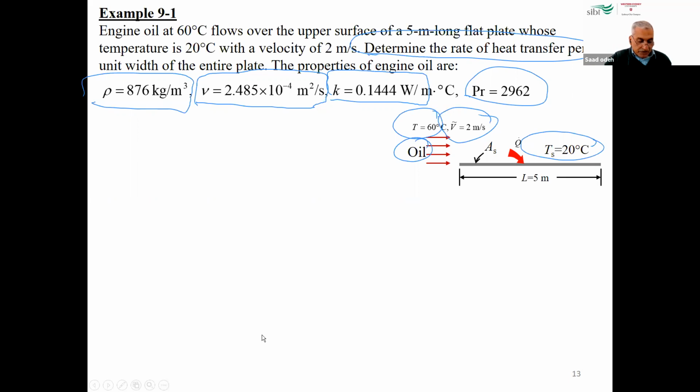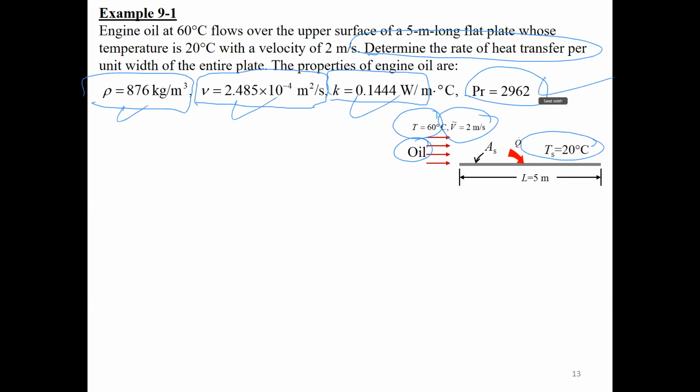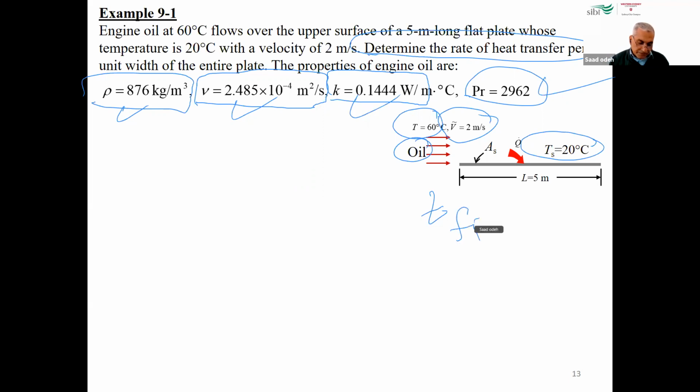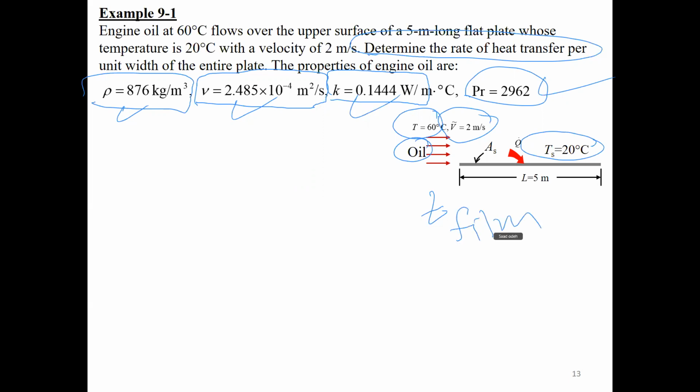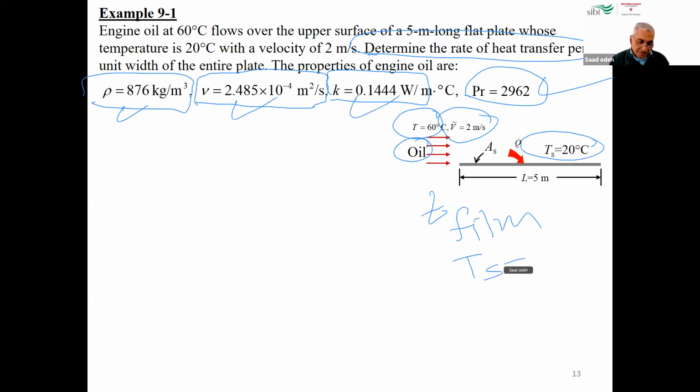All right. Any question before we move on to the Kahoot? So do we go to tables or no? No, you will not use tables now because all these values are already given. But if you don't have these values, you need to go to tables. And how do you go to tables? You need to go with the film temperature, T film, which is the average temperature between the surface temperature plus the fluid temperature, say oil temperature here, divided by 2.